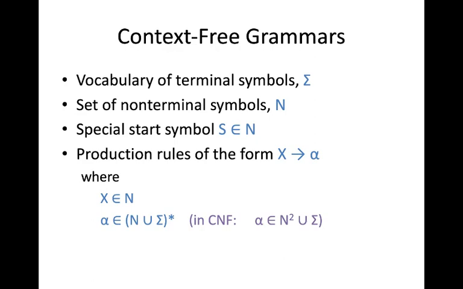You have a vocabulary of terminal symbols, the words, a set of non-terminal symbols, the phrases and parts of speech, you could think of that as, and a special start symbol S, for start or sentence, and production rules that look like X goes to alpha, where X is a non-terminal, and alpha is some string of either non-terminals or terminals, or in Chomsky normal form, it's either 2 non-terminals or 1 terminal, or actually null.